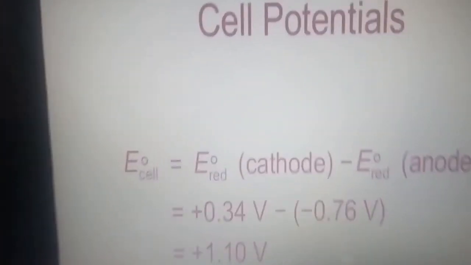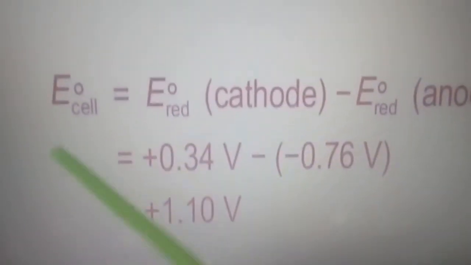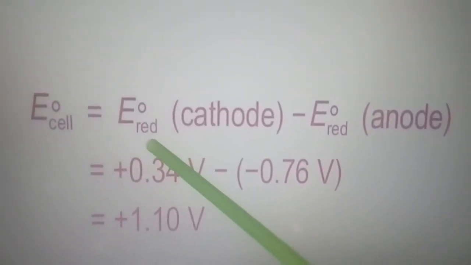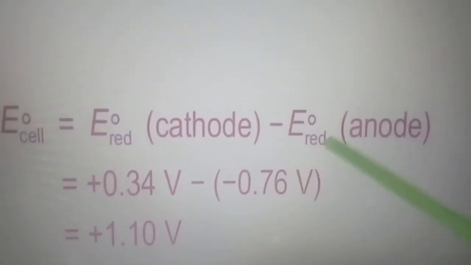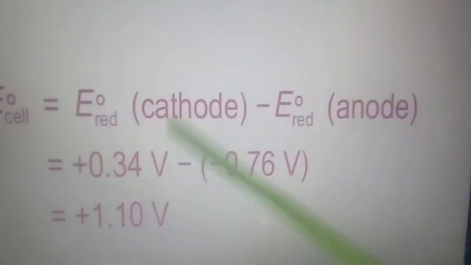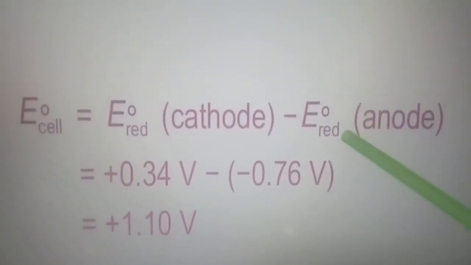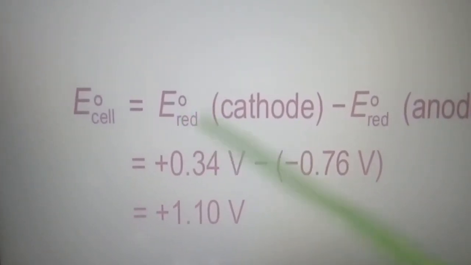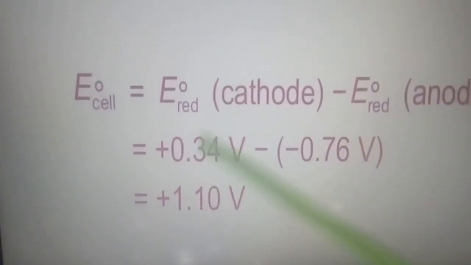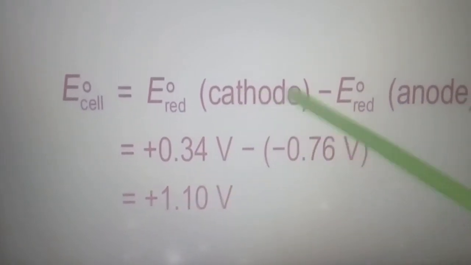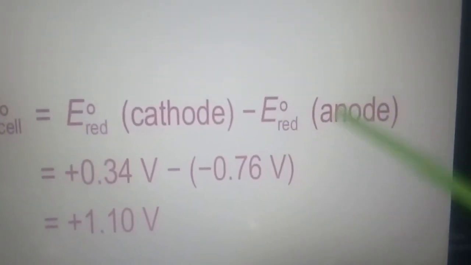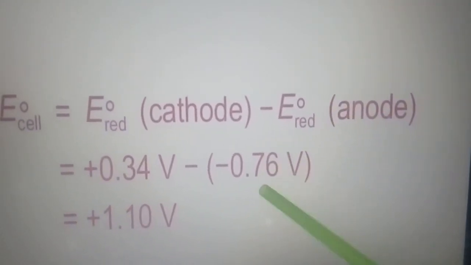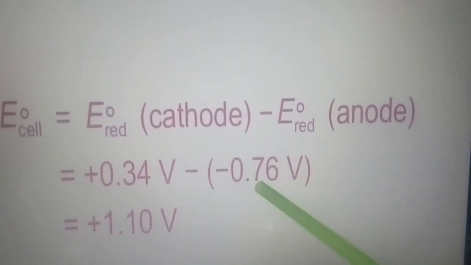So what will this be? The standard cell potential, E standard cell, is equal to E standard cathode minus E standard anode, and in both cases these are the reduction electrode potentials. If you put in the values, E standard cathode in this case is 0.34 volt, and E standard anode in this case is minus 0.76.